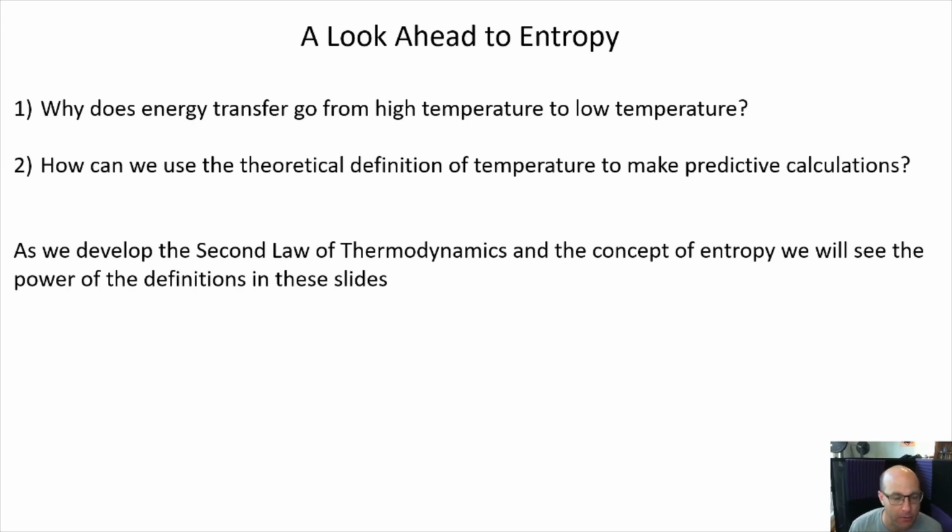And similarly, we'll be able to use the theoretical definitions that I just gave you in these slides to really make practical calculations, right? And so this will all come from developing the second law of thermodynamics and the concept of entropy, which is sort of the thing that increases in the second law of thermodynamics.